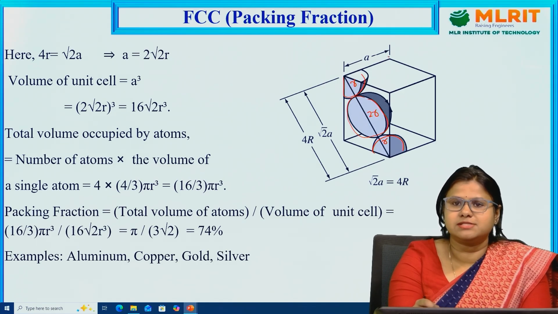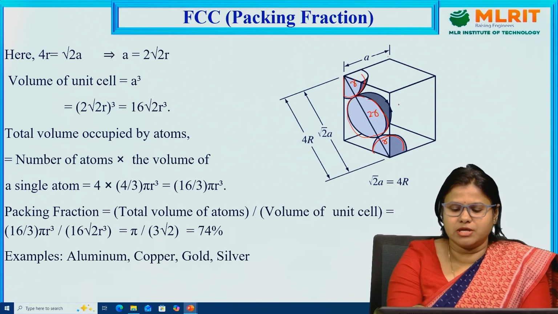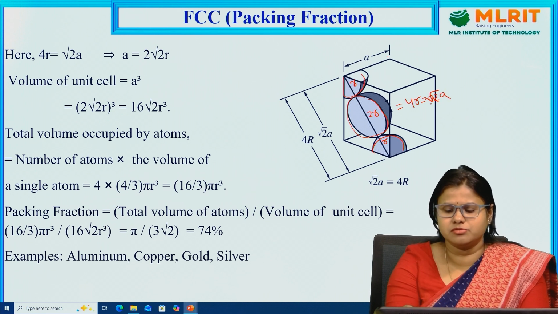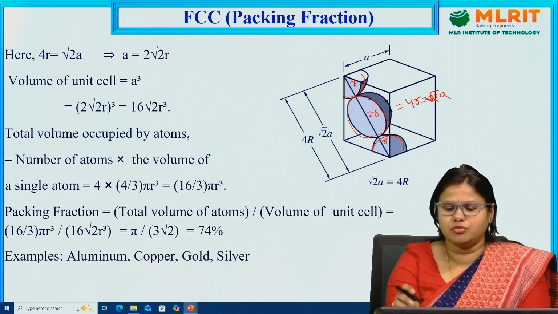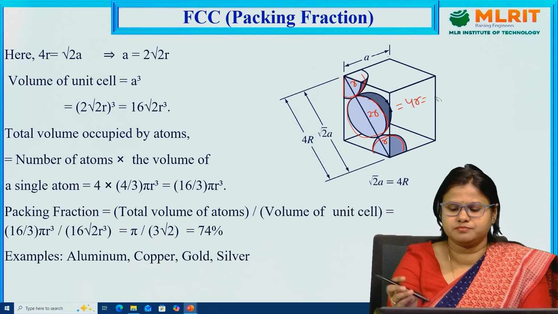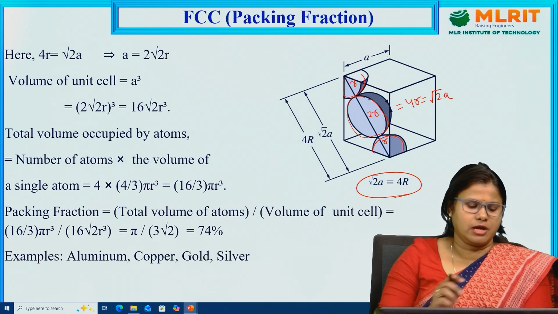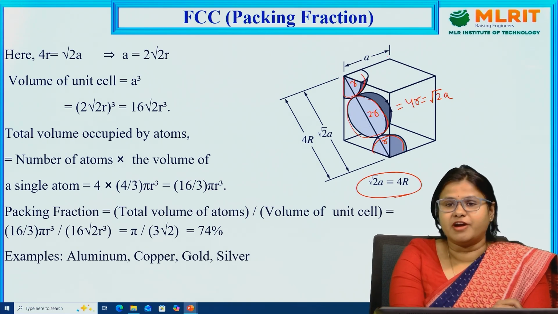If the face length is a, then in total 4r is equal to root 2 a, since this is the diagonal of a face. So 4r is equal to root 2 a.